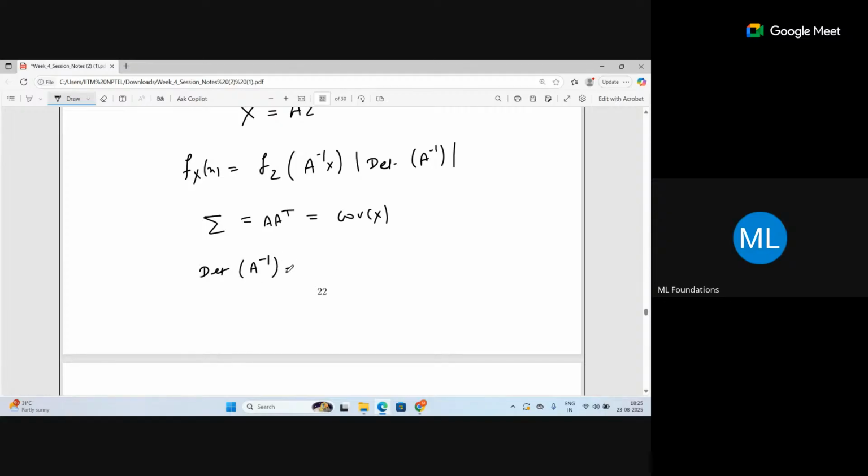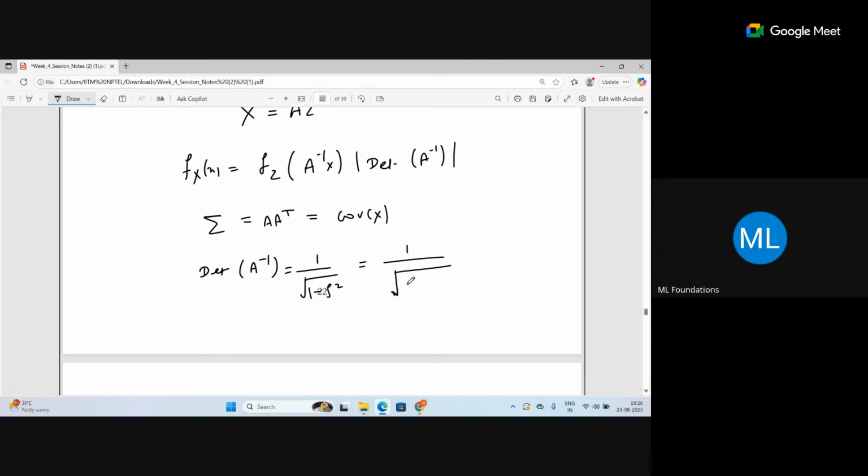The determinant of A inverse was what? I think it was 1 upon root of 1 minus rho square, right? And that is again similar to the determinant of this covariance matrix. So I can write the determinant of the covariance matrix as same as that of the determinant of A inverse.